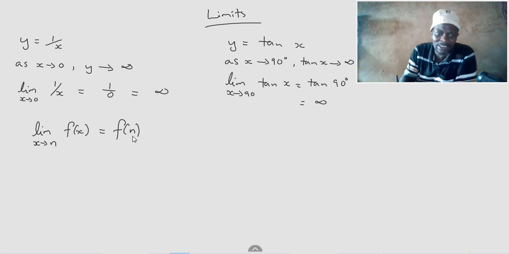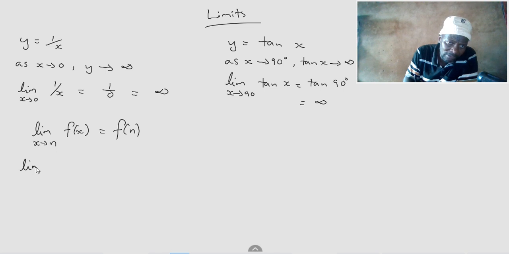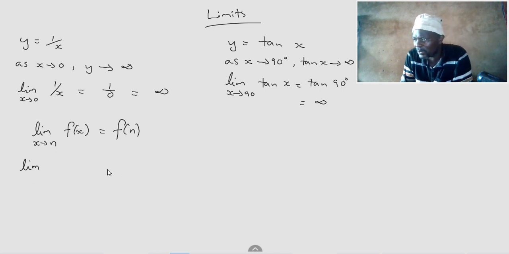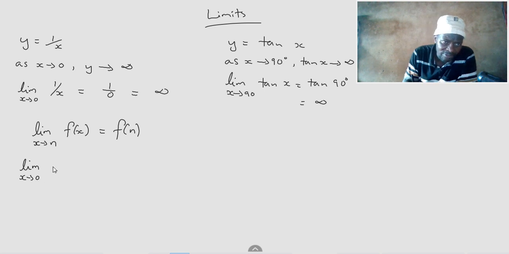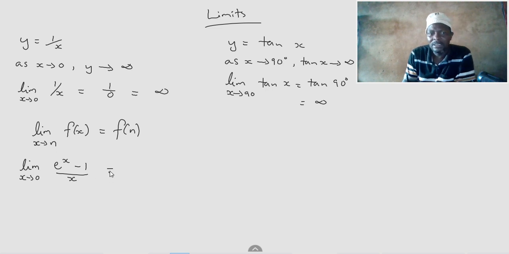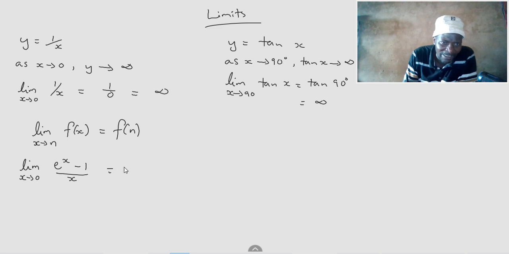But let's look at another example. Let's say we have the limit as x tends to 0 of e to the power of x minus 1 over x. If I follow this rule, I say e to the power of 0 minus 1 over 0.